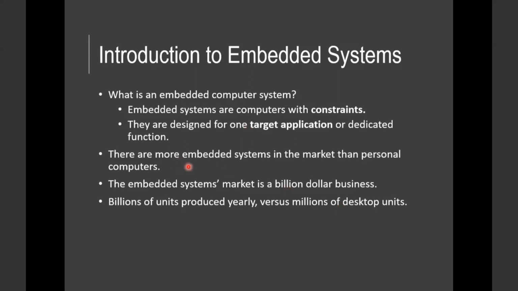There are more embedded systems in the market than personal computers. Nowadays, we have a lot of embedded systems inside our house. For example, maybe you have 5 family members, so your general purpose computers might be 5 only.